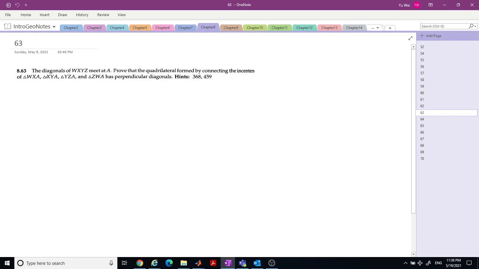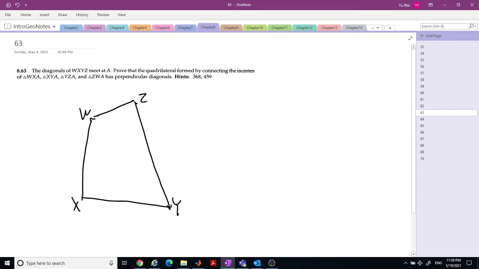So it mentioned the diagonals of the WXYZ meet at A. Okay, W, X, Y, and Z diagonals meet at A. So we want to prove that by connecting the incenters.